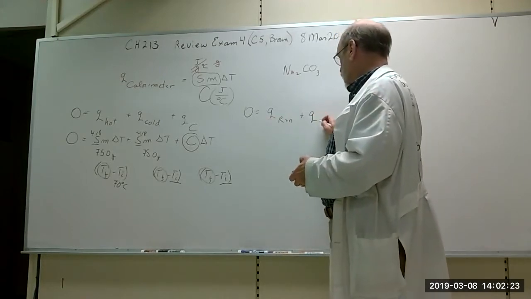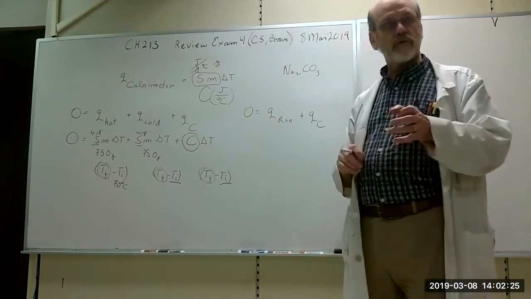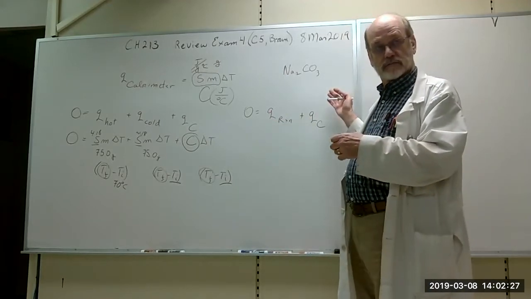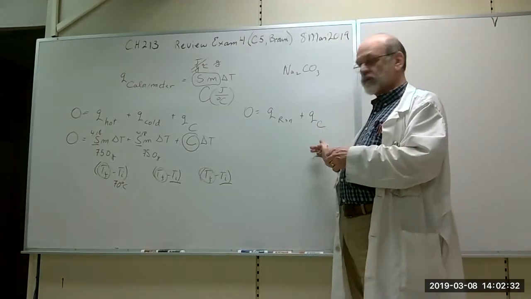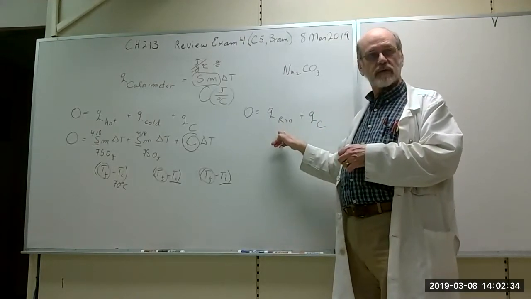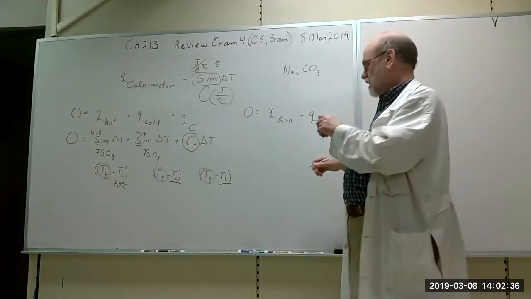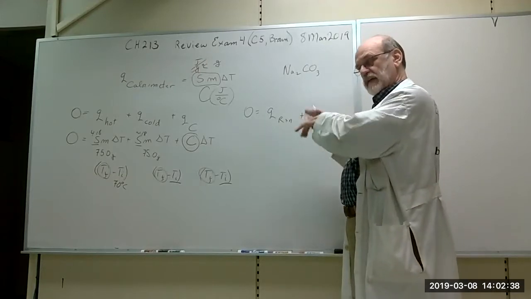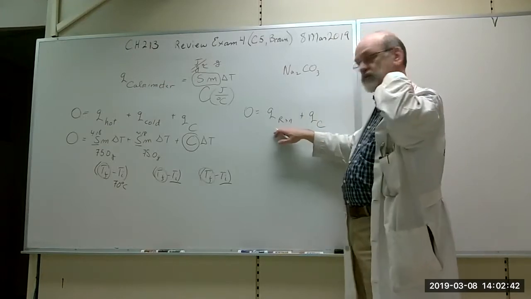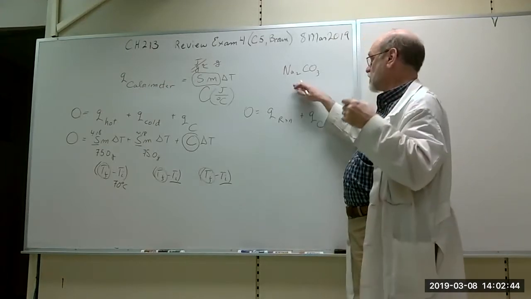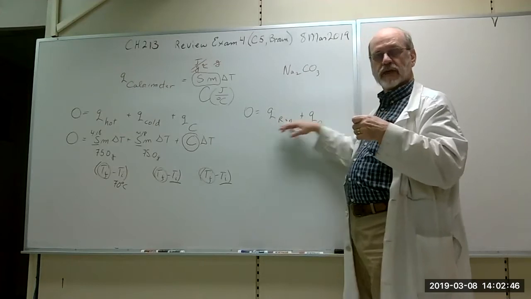And then your calorimeter, of course, you have to do that one. So the initial temperature for this one is going to be the same as the initial temperature for that one, because the water's in there first, and they settled. So you've got initial temperature here. And then the final temperature is going to be whatever it changes to, and that's the same for both of them.